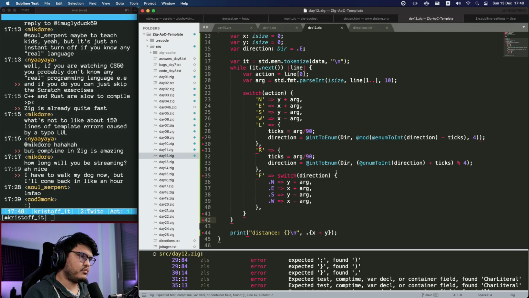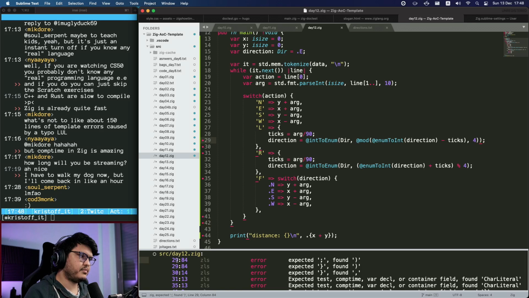What is the problem now? Expected semicolon. What? So enum to int, direction minus ticks into enum.